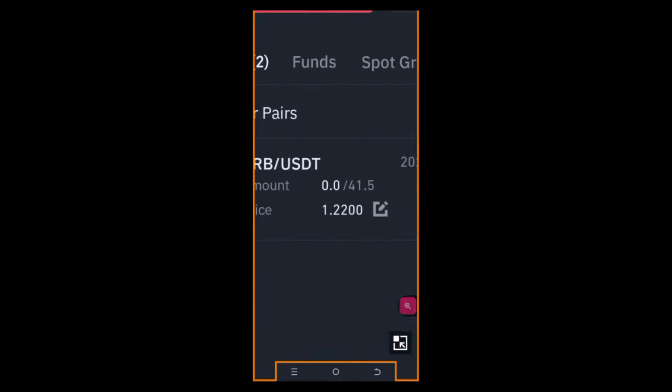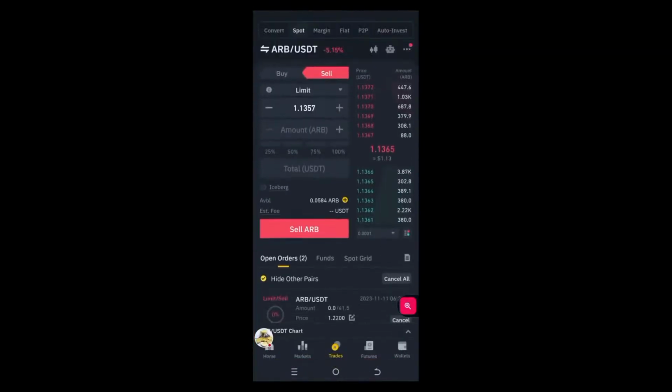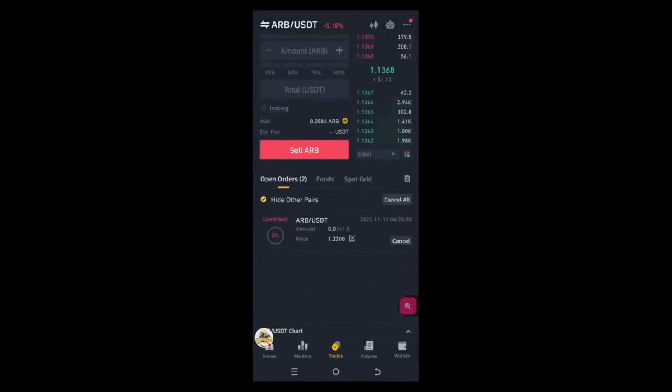That's the price of ARB I want to get, right? But it's currently 1.13, because it's going down. So I'm just going to set it to get that, so that even if it takes me 1 or 2 days, once it gets to 1.22, my take profit or my sell limit will be triggered, and I will get the money, and I'll get the profit that goes with it.